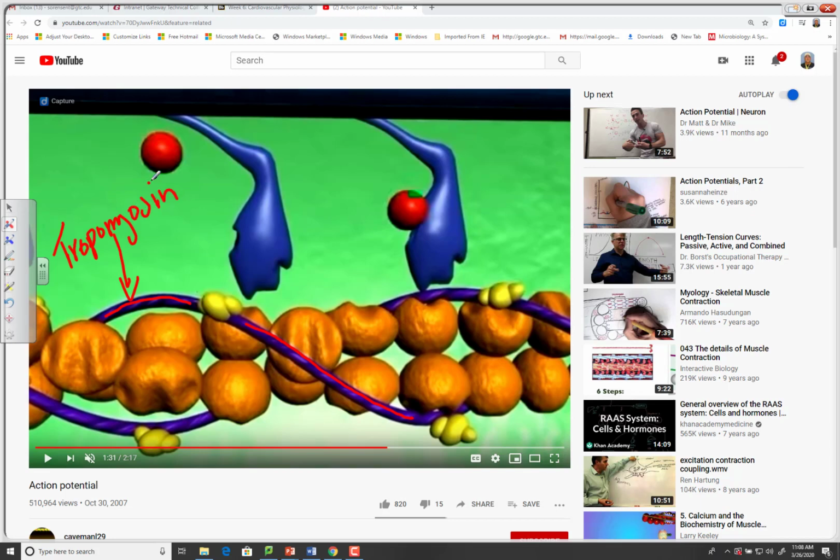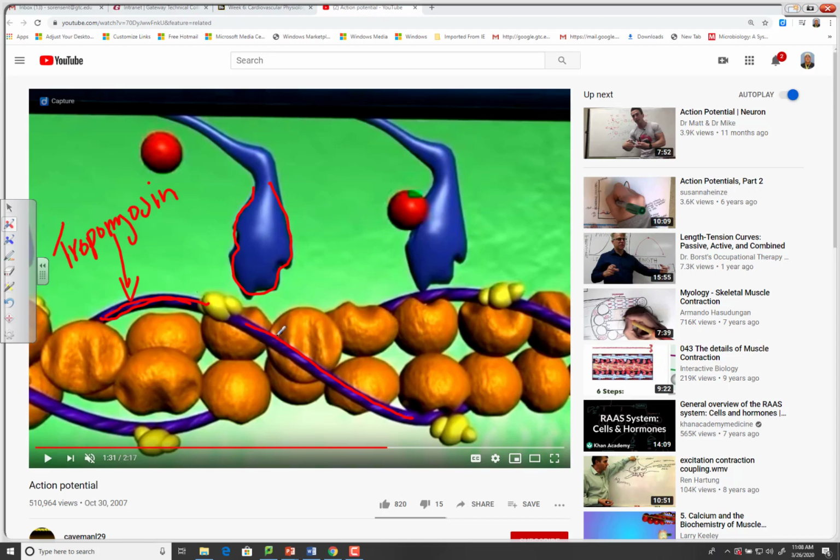And tropomyosin is a protein that's covering the actin molecule. So this little partially chewed beer nut is the actin molecule. And in order for the myosin head, the blue chicken leg, to bind to the actin molecule, the only way it can do that is by getting the tropomyosin molecule out of the way.